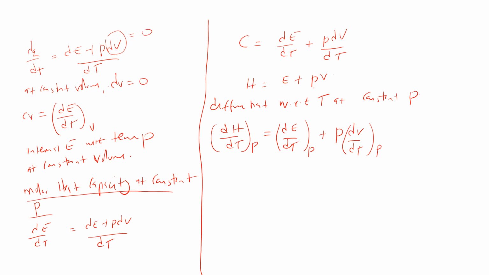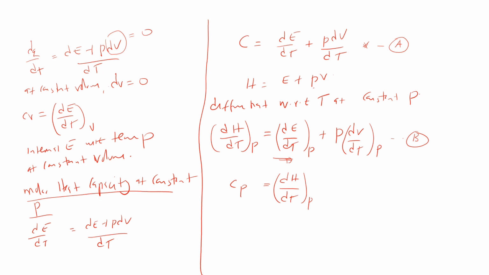So if we compare this equation, let's say this is equation A, this is equation B. If we compare equations A and B, then you'll see that Cp, which is dQ over dT, will be equal to dH over dT at constant pressure.